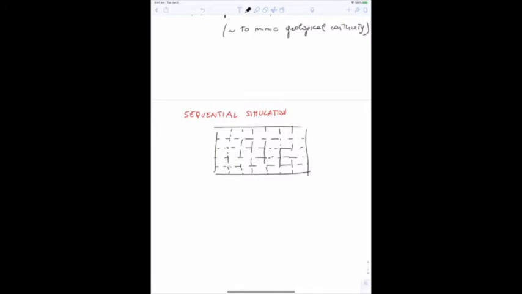Okay, something like that. So let's say that at some locations we have a measurement. So here it might be x1, x2, and x3.